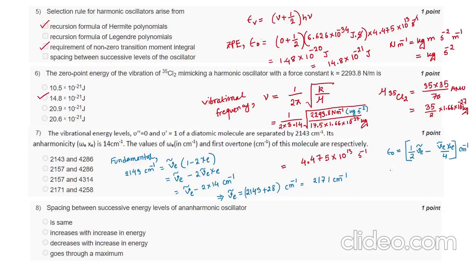So you need to remember a few formulas for this. For the first overtone you need E2. The 0 to 1 transition was fundamental. Now 0 to 2 is the first overtone. This is actually going to be 2 plus half, which is 5 by 2 ωe minus 25 by 4 ωe xe.